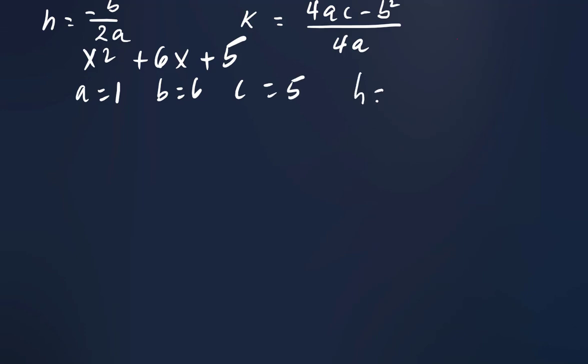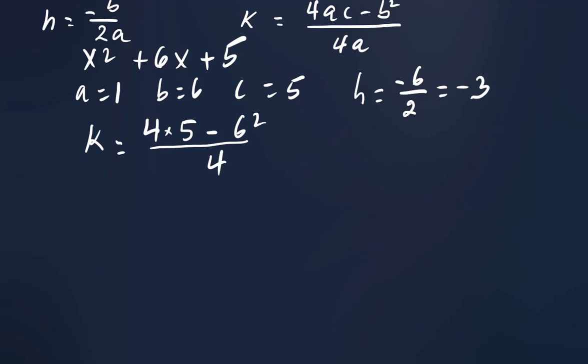Definitely h is equal to minus b over 2a, minus 6 over 2 times 1, which is negative 3, and k is equal to 4 times 1 times 5 minus 6 squared over 4 times 1, so that gives us 20 minus 36 over 4. That makes it minus 16 over 4, which is equal to negative 4.